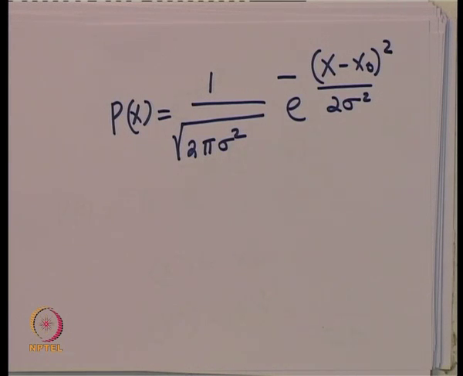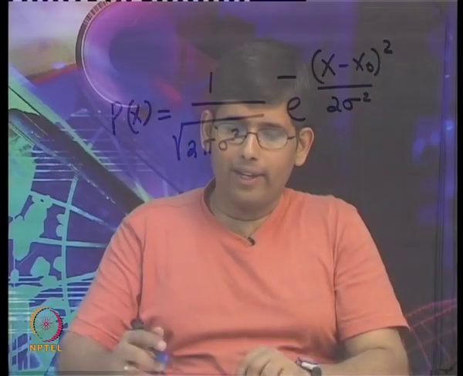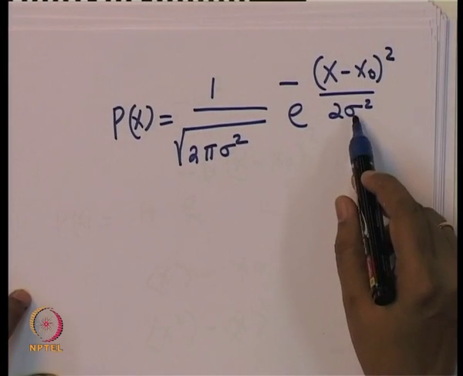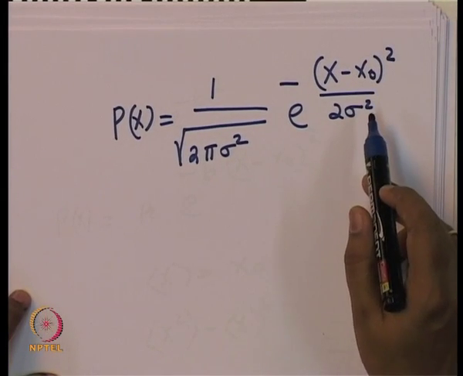Now, given that it has this particular form, just by looking at the graph of this function, what all can you know?